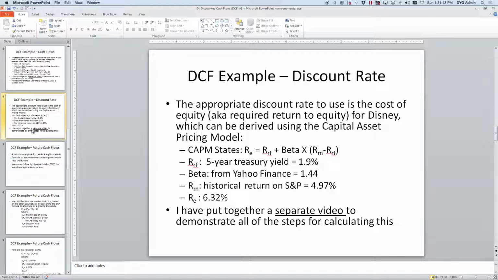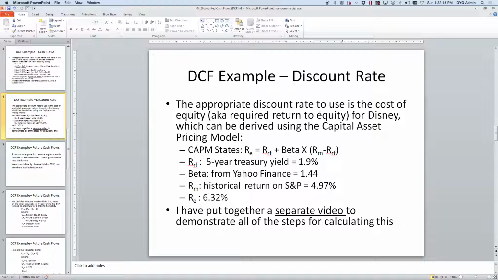Second thing you're going to want to know is the discount rate, as we talked about. The appropriate discount rate to use is the cost of equity, which is sometimes known as the required return on equity. And so we use the capital asset pricing model for that. Again, we will spend a little bit more time on the CAPM in the class, but for now I just want to explain that's where the capital asset pricing model is most frequently used, for this kind of evaluation.